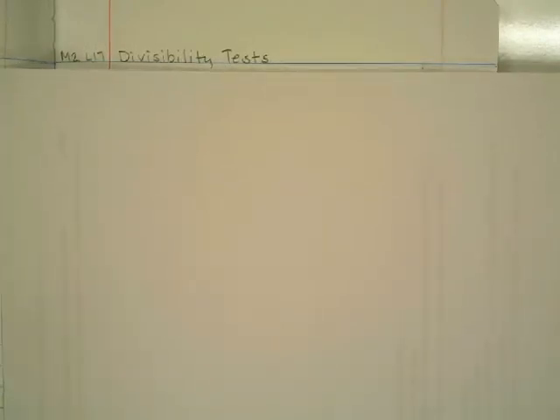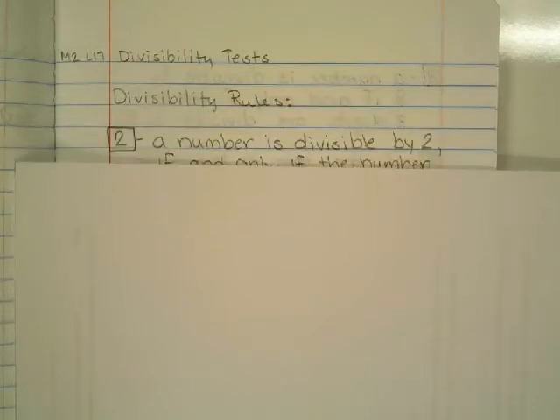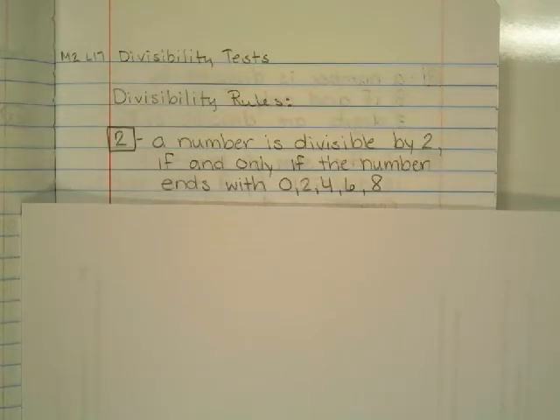The reason why I want you to put this in your notebook is because I think you'll get more use of it in your notebook. So we're going to go over all of these divisibility tests, and you're just going to copy them into your notebook. The first rule that we're going to have is for the number 2.